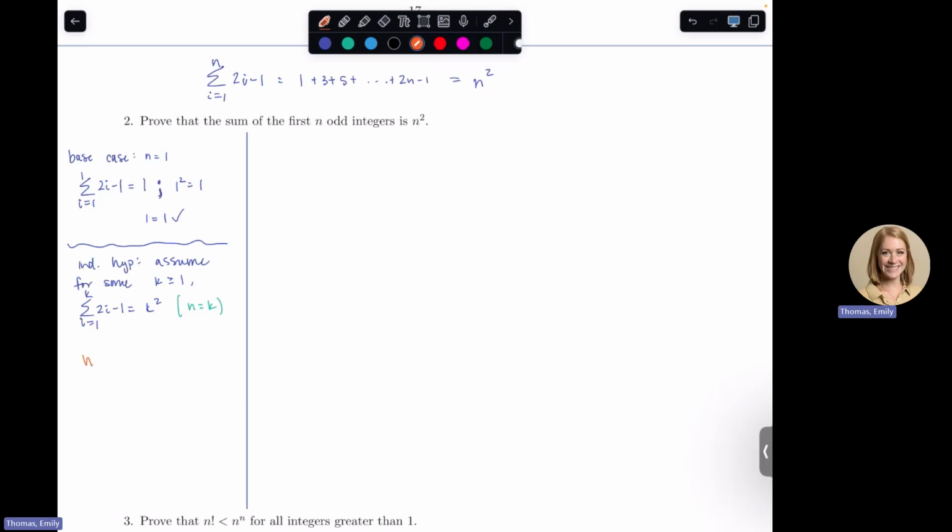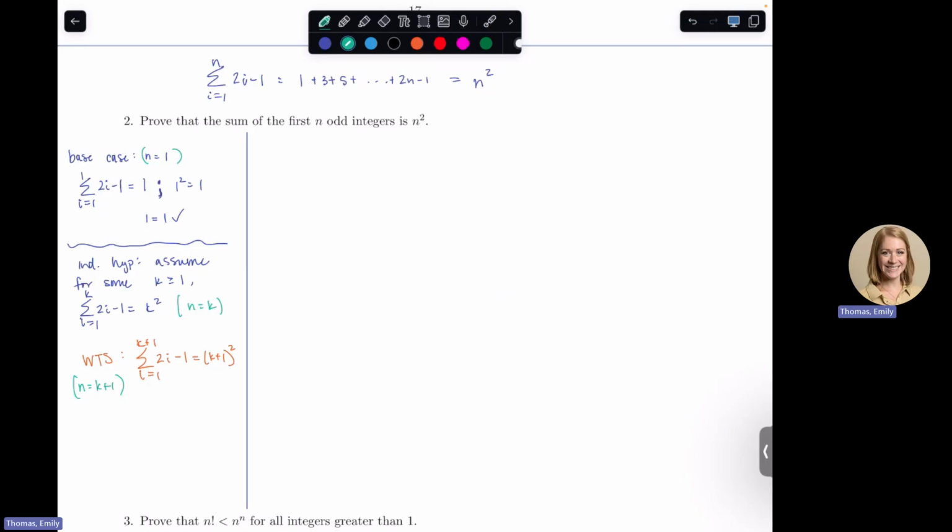We want to show that it's true for k plus 1. So I'm replacing everything with k plus 1s in the original setup. So base case n equals 1. Inductive hypothesis, we're going to assume it works when n equals k, and then we want to show that that gives us that it works when n equals k plus 1.